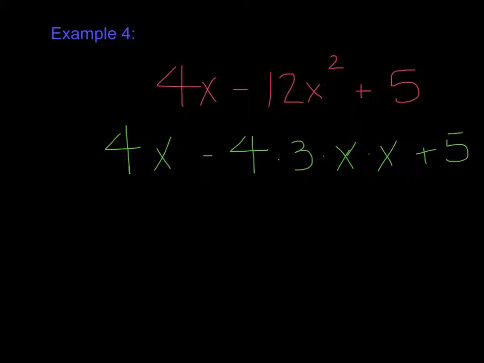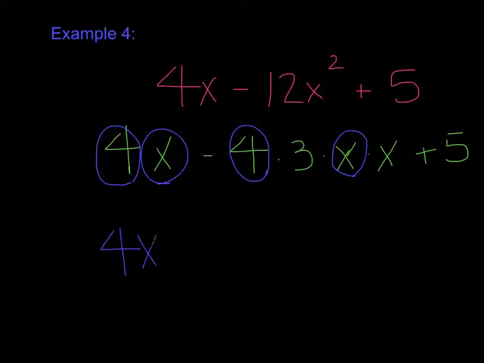So if I look at what's in common here, I have a 4 and an x and a 4 and an x. So if I pull a 4x out, I'm left with 1 minus 3x.